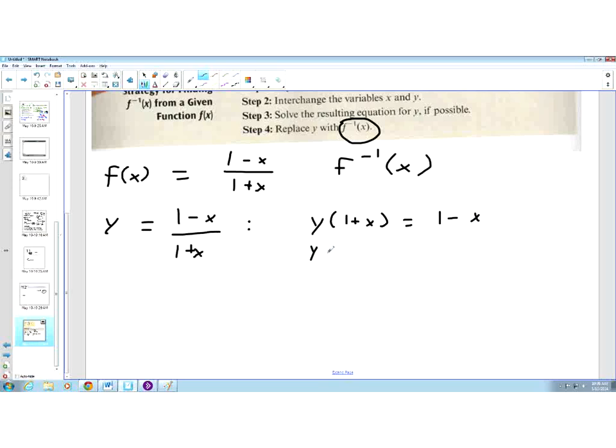And so I have y plus xy is equal to 1 minus x.